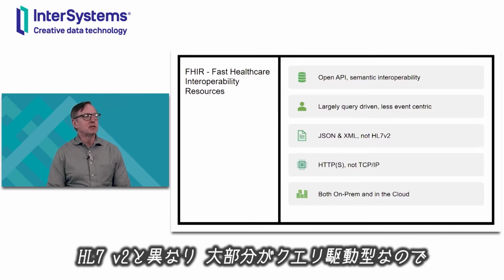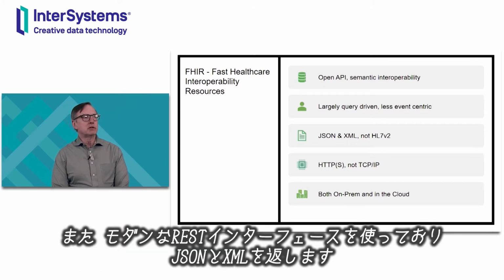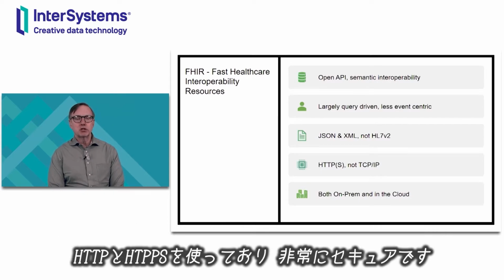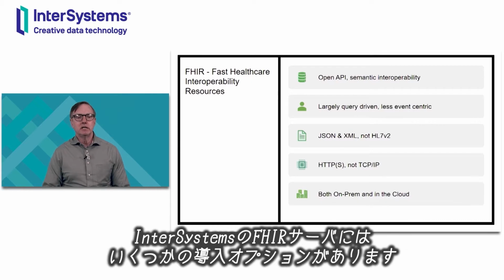Unlike HL7v2, it's largely query-driven, so it's great for using with, for example, building a mobile application. It uses modern REST interfaces that return JSON and XML. It's very secure using HTTP and HTTPS. And a good feature of it is that it can be deployed both on-premises and in the cloud. And InterSystems FHIR Server gives you a number of deployment options.